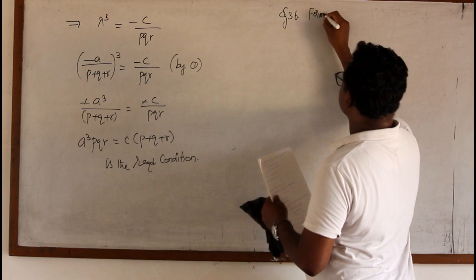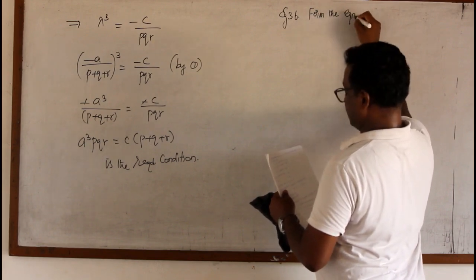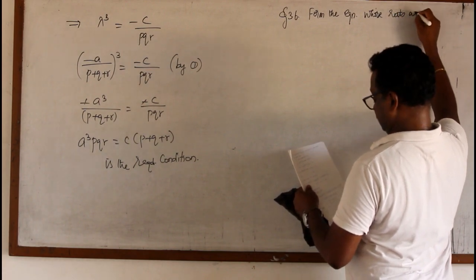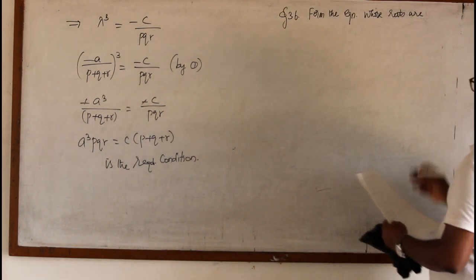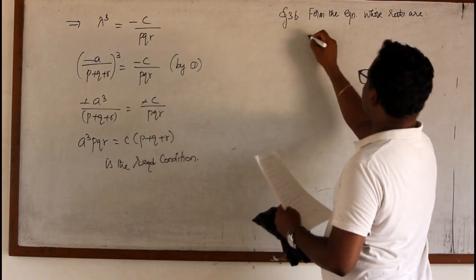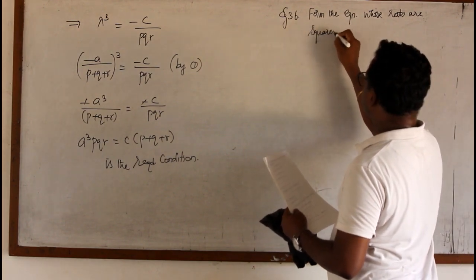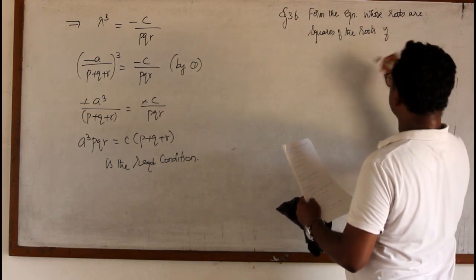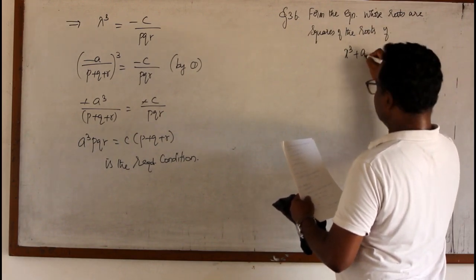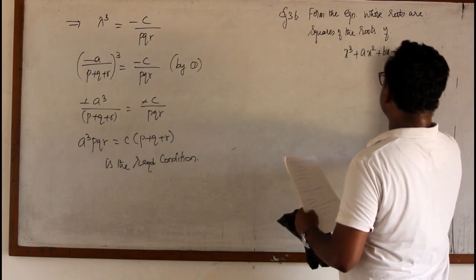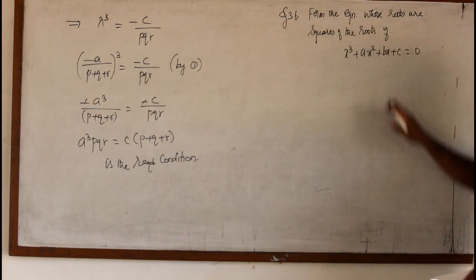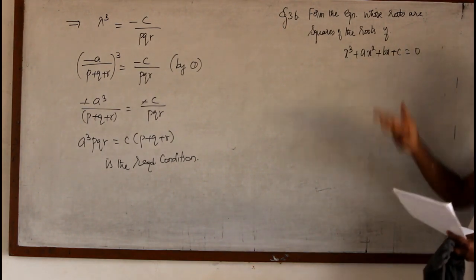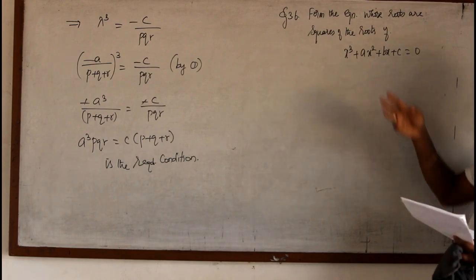Form the equation whose roots are squares of the roots of x cube plus ax square plus bx plus c equal to 0. If this equation is having three roots, then what will be the equation if the roots are squares of these three roots.